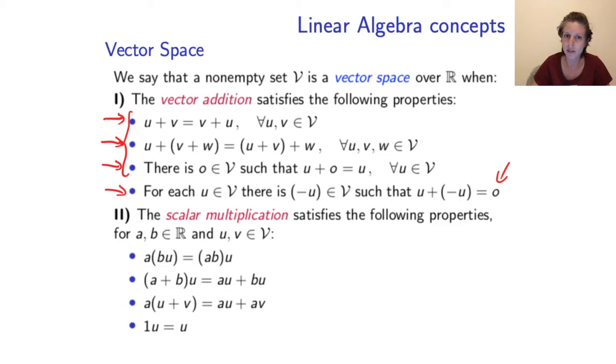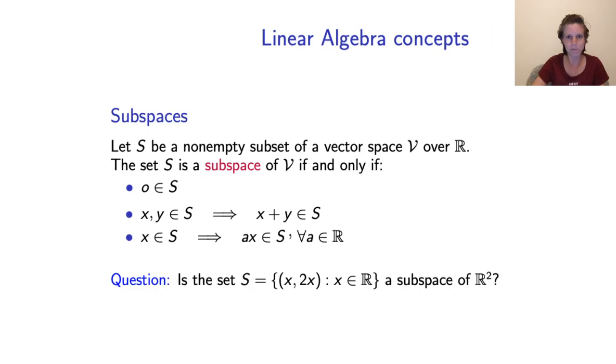So it's a multiplication of a real number by a vector, and it needs to satisfy these properties: this one, where the order in which you do it doesn't matter, the distributive property, another way of distributivity, and the neutral element of the scalar multiplication.